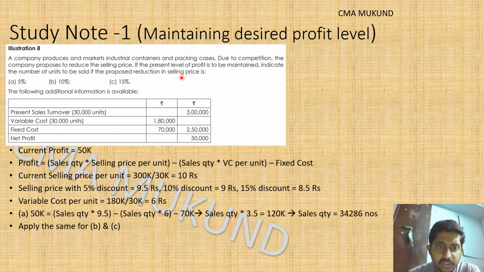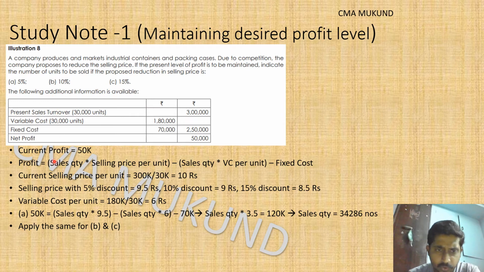With the help of a reduction in the selling price, we can go on making a little higher number of units. That is the aim of this problem. How much higher will the quantity be in each case? That is the question. The current profit is 50,000 rupees, so in all three cases A, B and C, we have to maintain the P&L profit at 50,000 rupees.